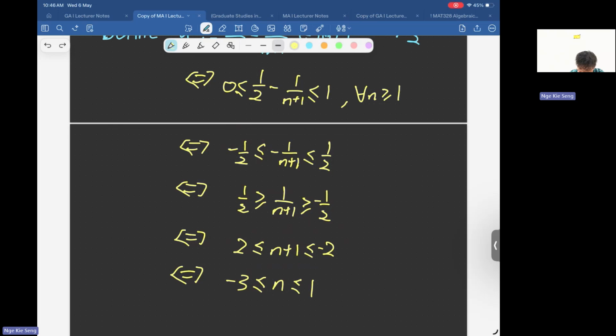Okay, I think you are probably right, because I see very weird things here. So how should I do it? So less than equals to. This one will get n greater or equals to -3. Right.